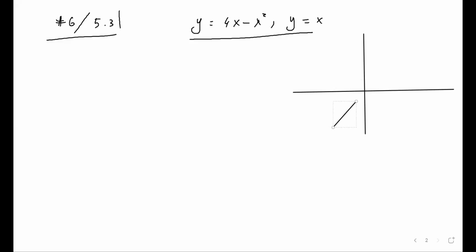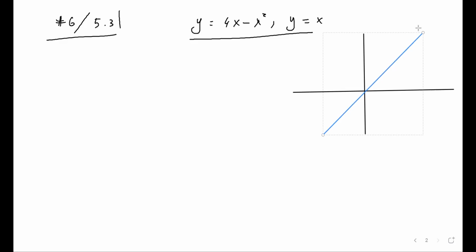Let's undo that, and let's draw with blue. There we go.